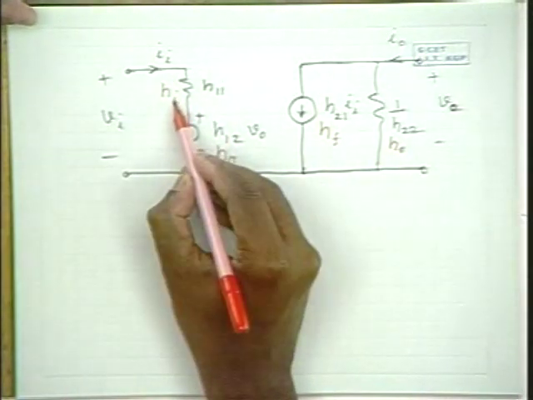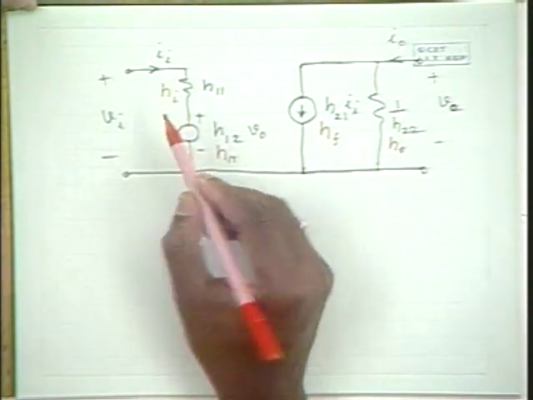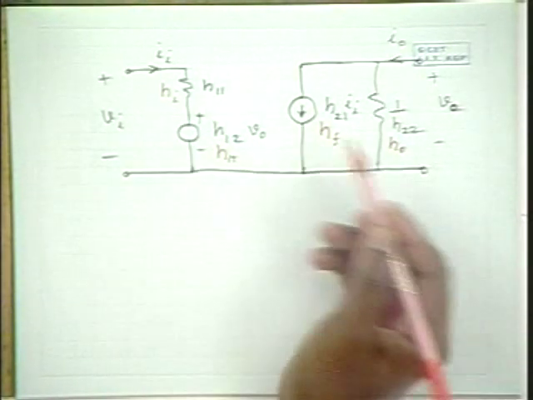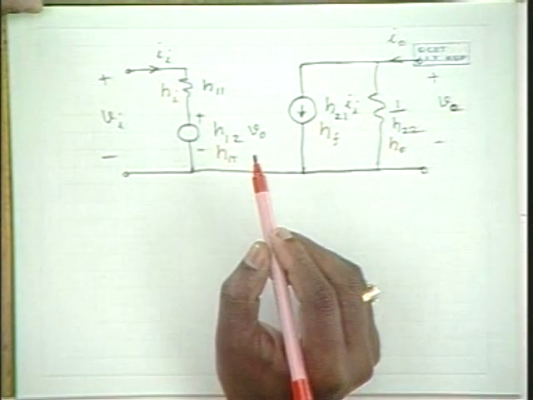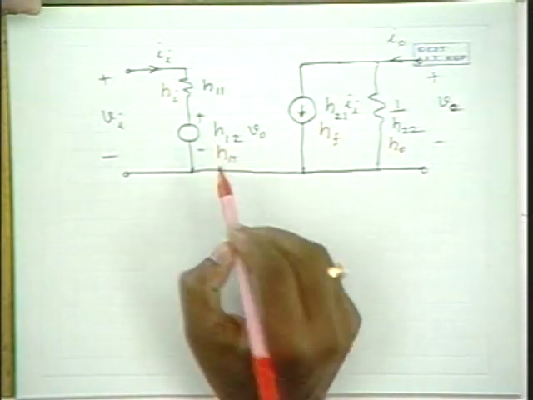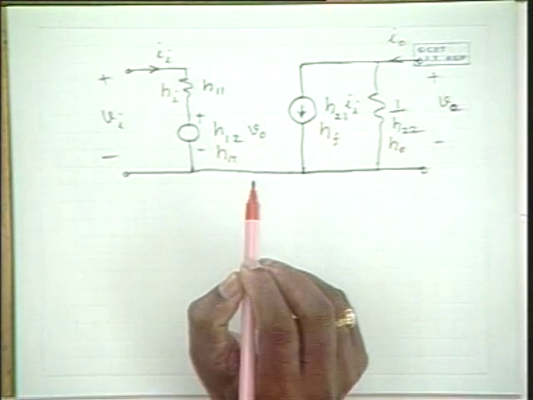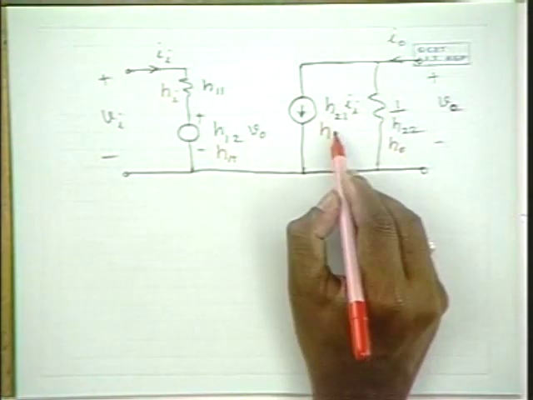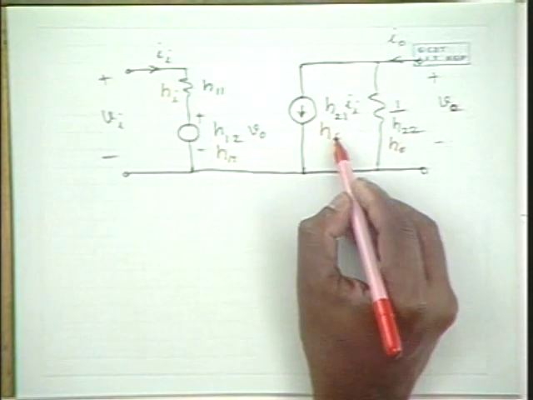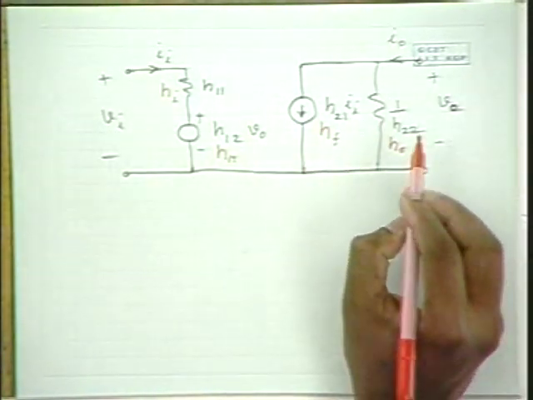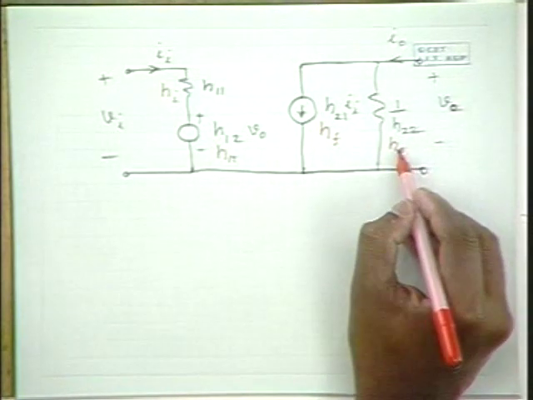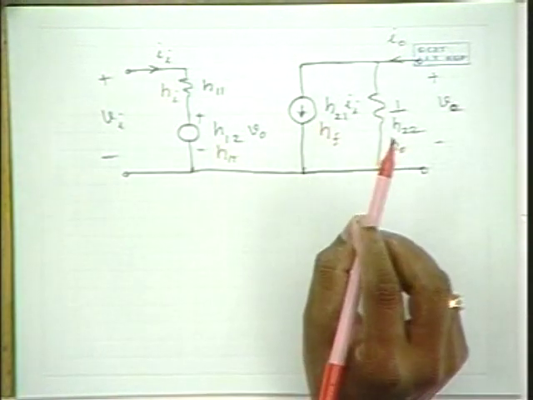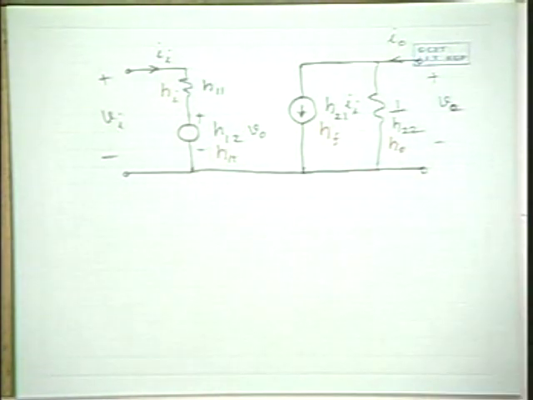So this i indicates the input parameter, r indicates the reverse voltage ratio, since it is a reverse voltage ratio parameter. And hf is used to indicate the forward current ratio. This is the output admittance parameter, therefore ho is used here. So this is the notation that is followed.